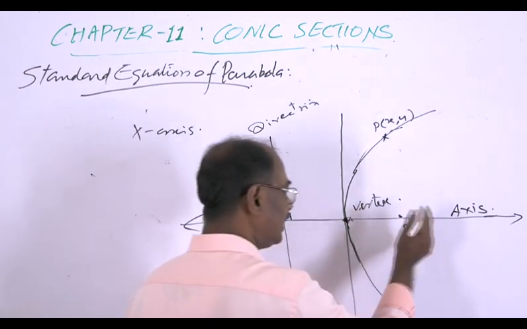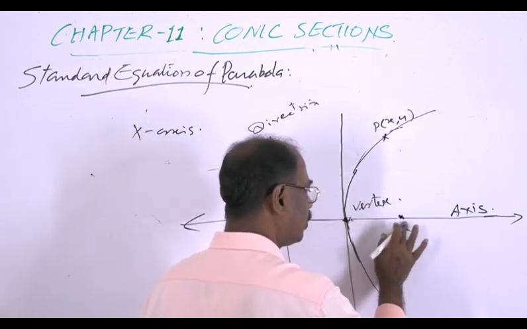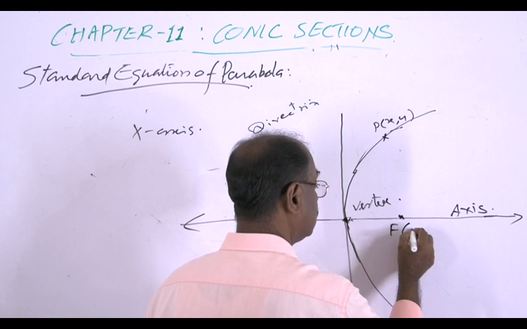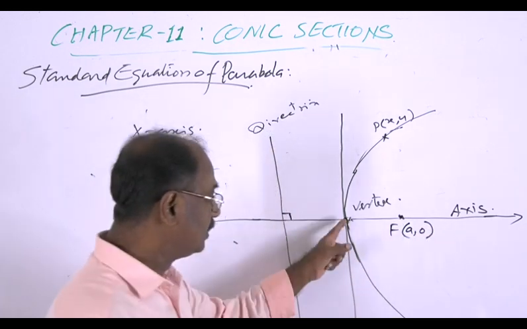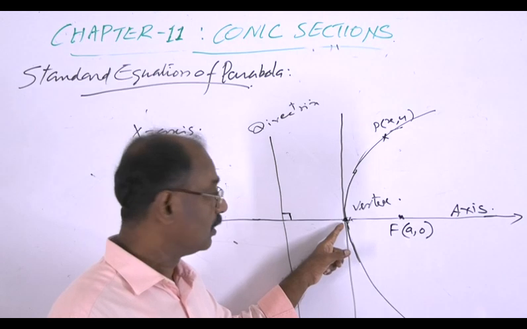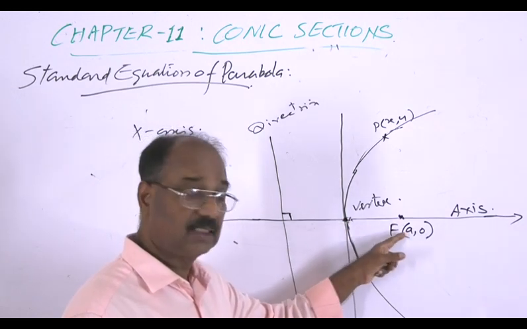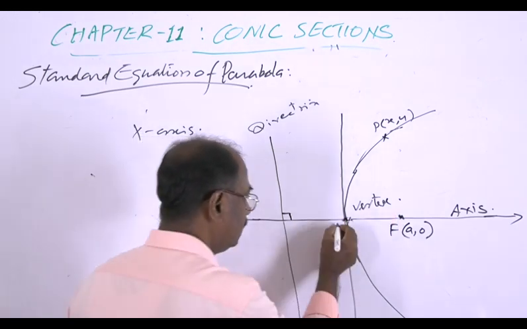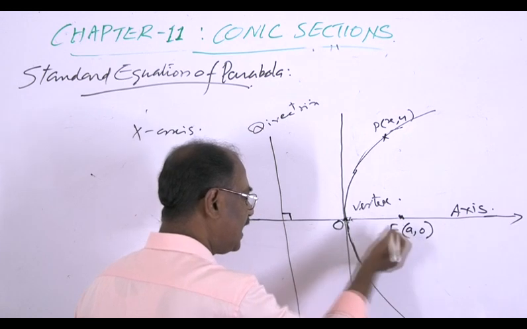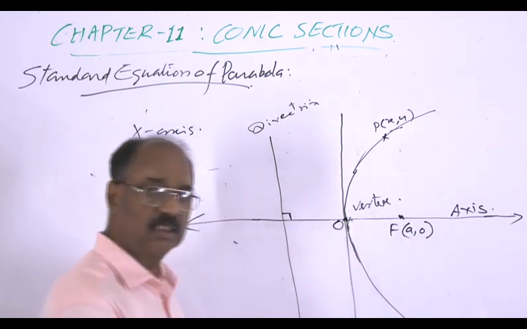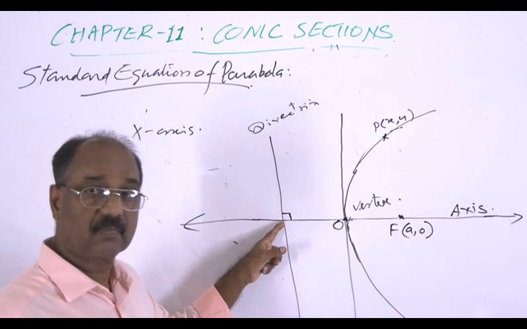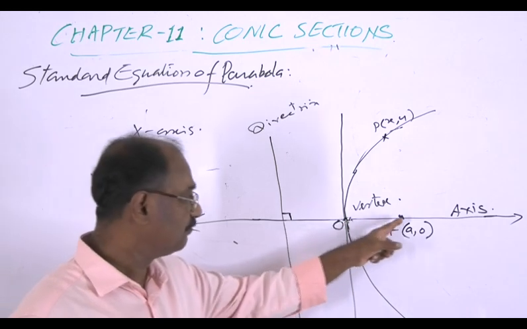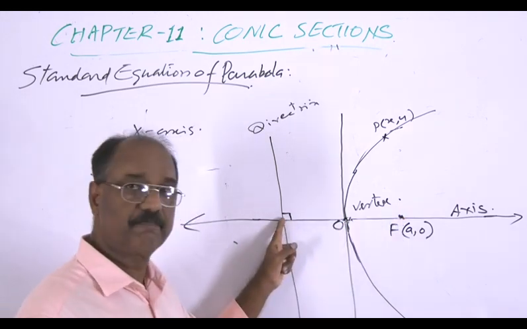Since this axis is the x-axis, the focus has y-coordinate 0 and the x-coordinate, suppose it is a. That is, this distance OF is a, where O is the origin, so this point is (a, 0). And this distance also is a, because the vertex is halfway between these two points.